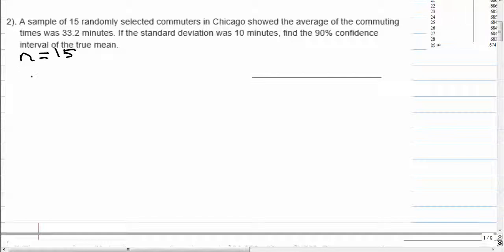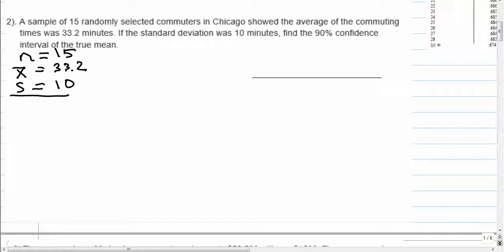We have that from that sample, the average commuting time was 33.2, and the standard deviation was 10. The standard deviation is from the sample, not the population. We want a 90% confidence interval. So in this case, we are going to be working with the t-distribution, okay? Since we have s, we're working with the t-distribution.